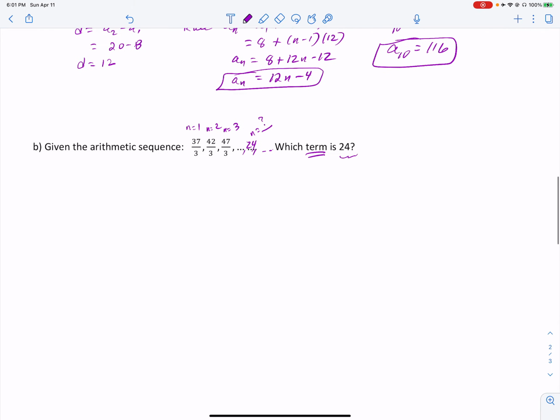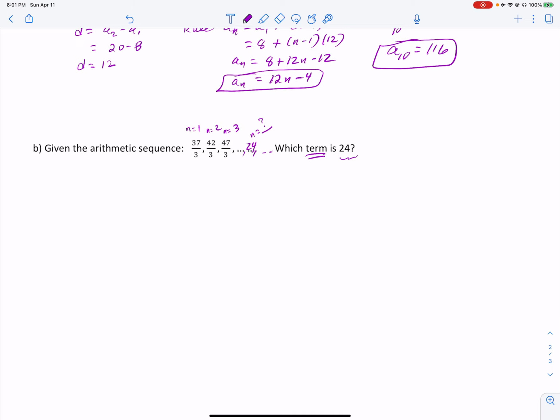And so I'm going to go ahead and get the general rule. I know a sub 1 is 37 thirds, and I can get the common difference by taking 42 thirds minus 37 thirds, and that is 5 thirds. So that's my common difference.